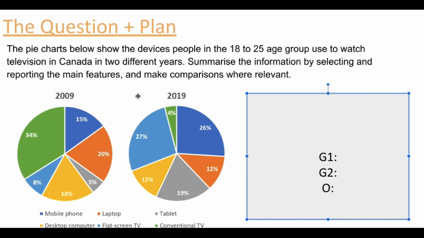So for example, we have a conventional TV and we have another decrease, laptop. Is there another decrease? Desktop computer. Okay, so that seems like a nice group.